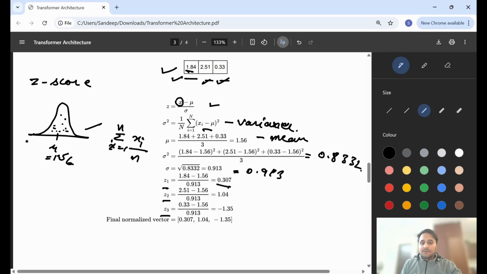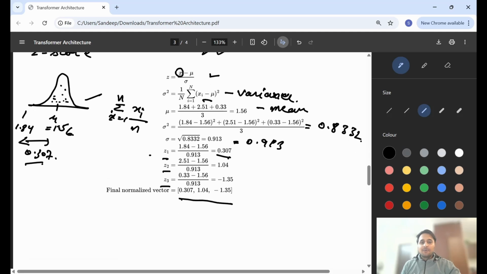So the Z score is telling us exactly this. We compute the Z score for all three values and we get our normalized vector. This is how we are doing normalization.